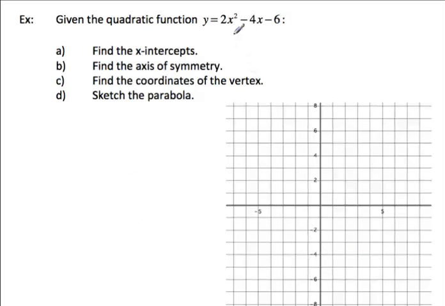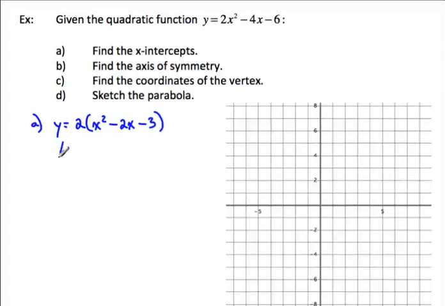So let's take that same quadratic function that we just looked at, y is equal to 2x squared minus 4x minus 6, and derive some information from it and then sketch it. The first thing that we're asked to do here is find the x-intercepts. So to find the x-intercepts, we want to change from standard form, which we've got here, to factored form, or x-intercept form. Remember that the first type of factoring you should always look for is common factoring. And if you do that here, you can common factor out a 2, which leaves you with x squared minus 2x minus 3.